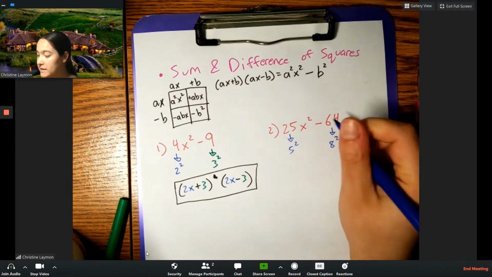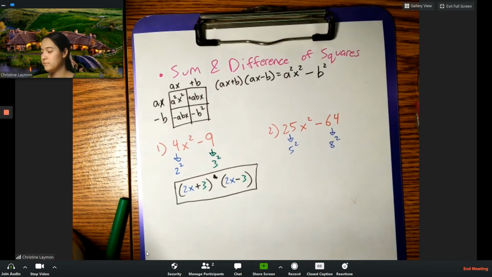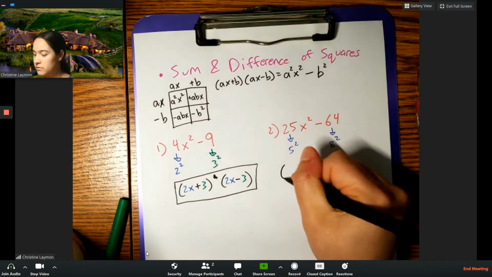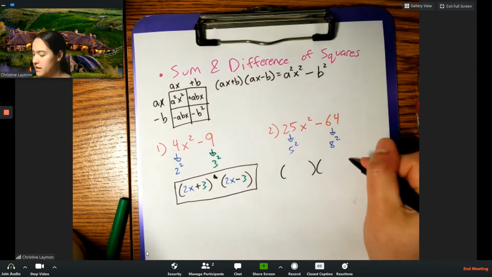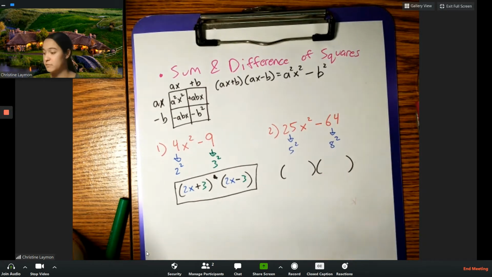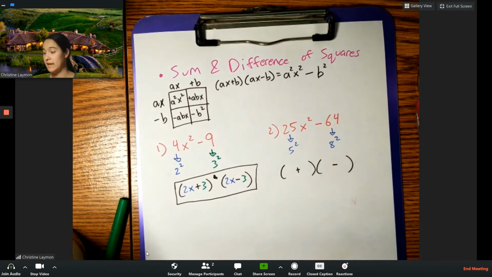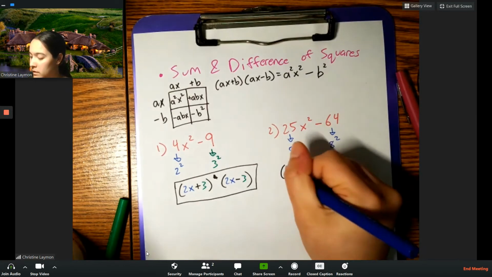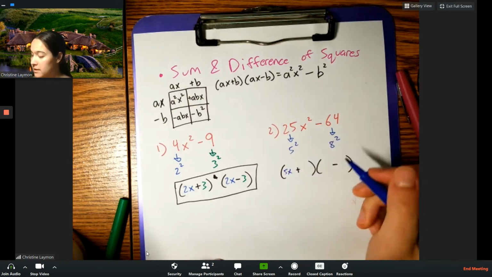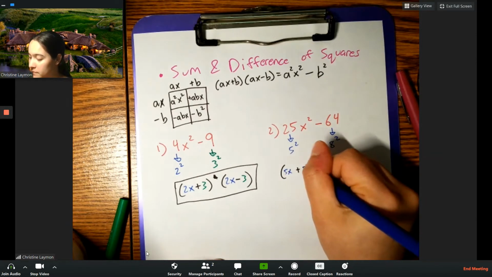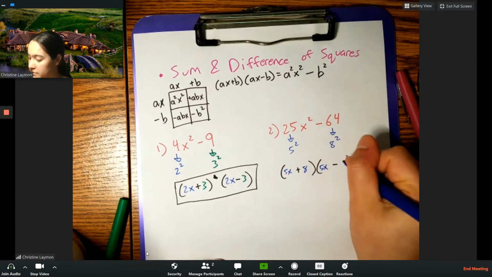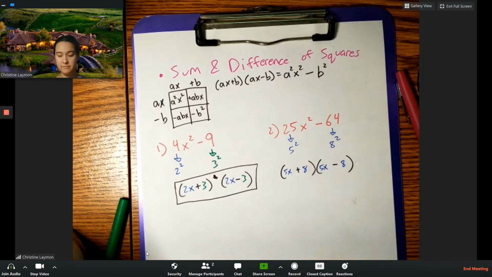We have a minus sign and no middle term. So go ahead and set up our two sections. Again, parenthesis times parenthesis. One of these will be positive. One of these will be negative. I have 5x plus 8. I'm going to have 5x minus 8. And that is your final answer.